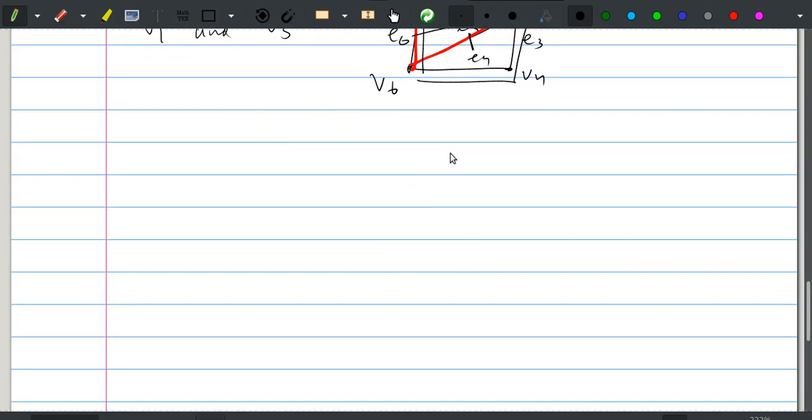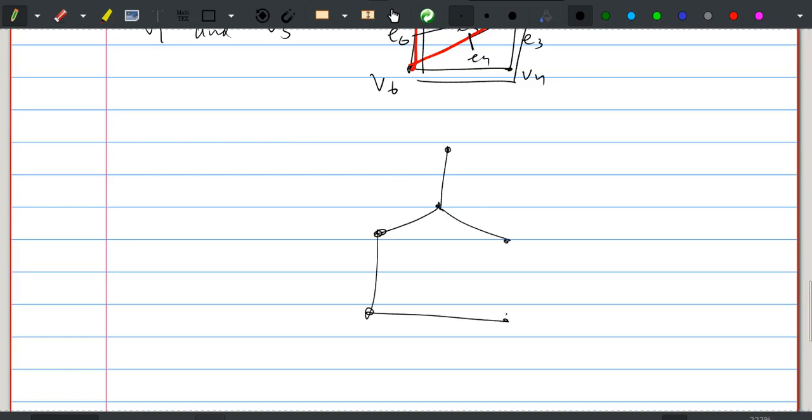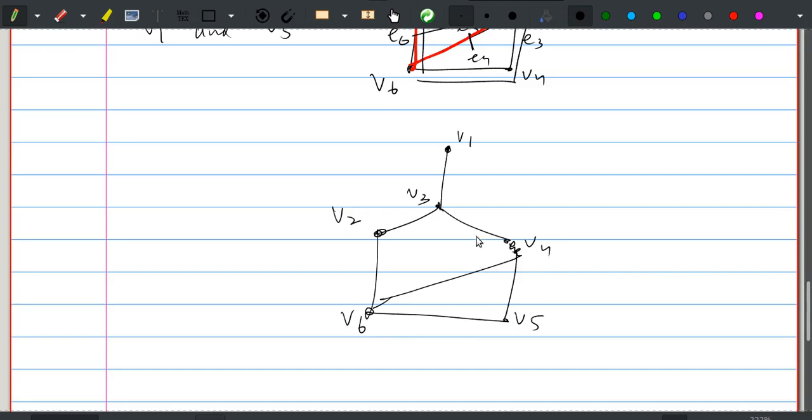Suppose we have this graph here, with the labeling v1, v2, v3, v4, v5, v6. So this is a graph on 6 vertices. Obviously this is not a tree because it contains cycles, so it has to be free from cycles in order to be a tree.